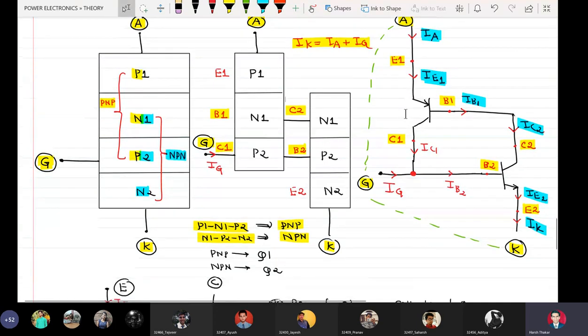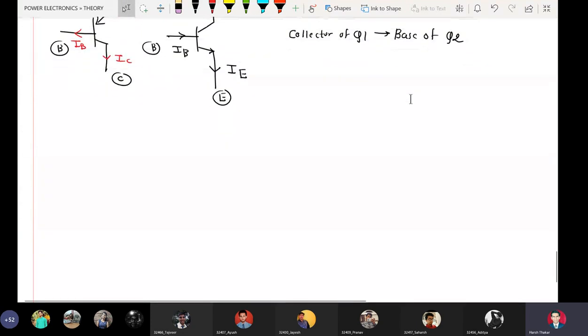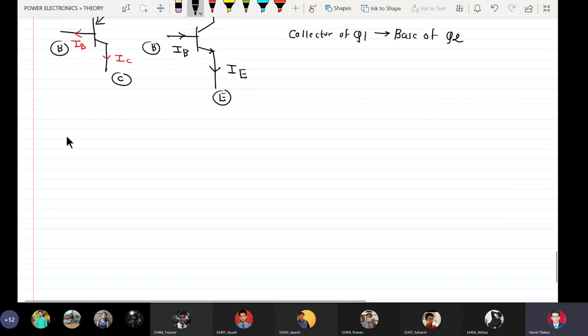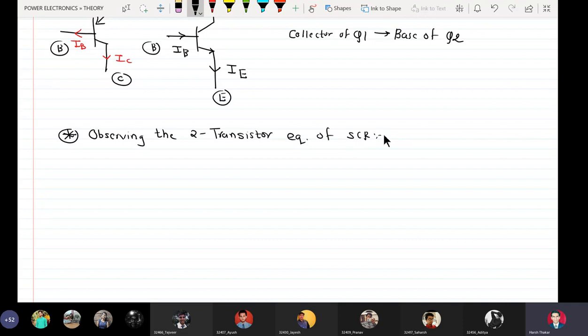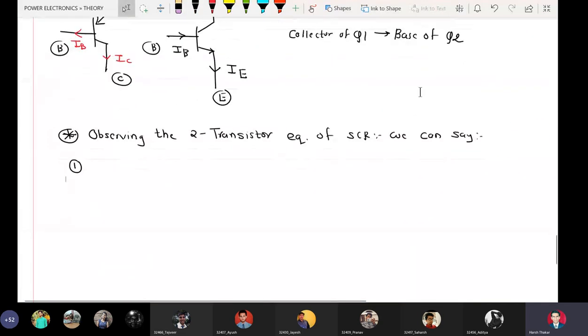So now we will write all the current relationships which you just narrated, and also the basic equations of transistors. Okay, so observing the two transistor equivalent of SCR, the first observation is IA is equal to IE1.